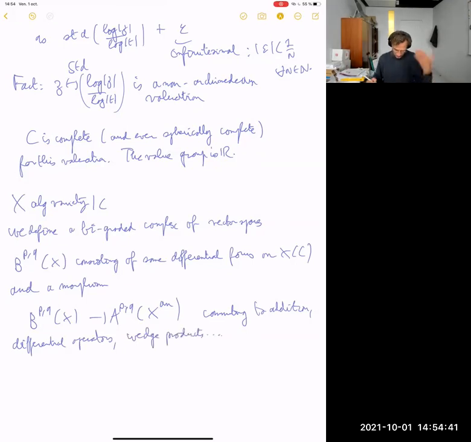So a nice morphism. And so this answers the question by Lorenzo at the beginning of the talk.